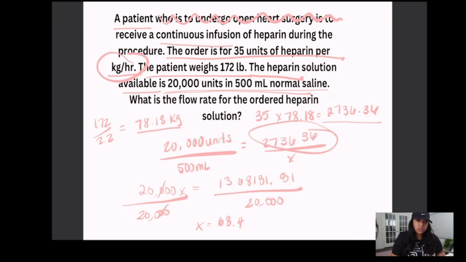So what you're going to do is round, or if the exam tells you to round to the 10th or round to the whole number, whatever it says, do. But in real life, what we would put this pump on is going to be 68. And that is how you do that one. Let's go to another one.